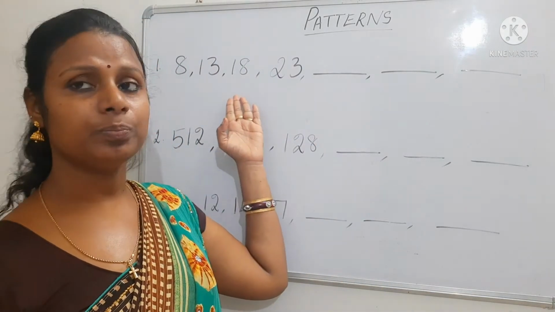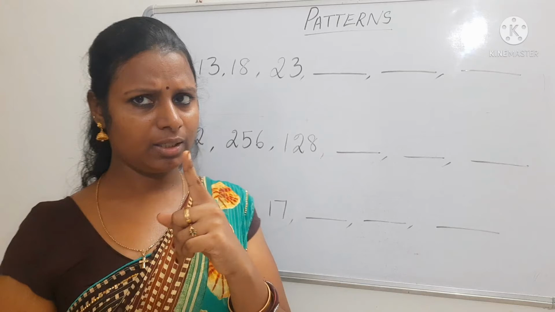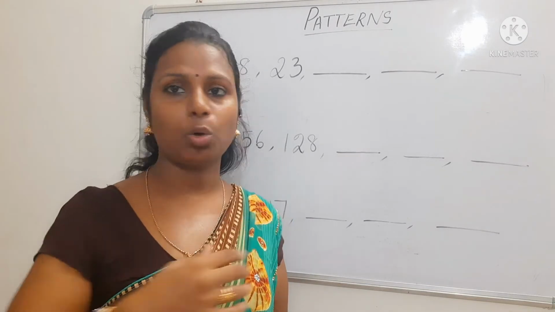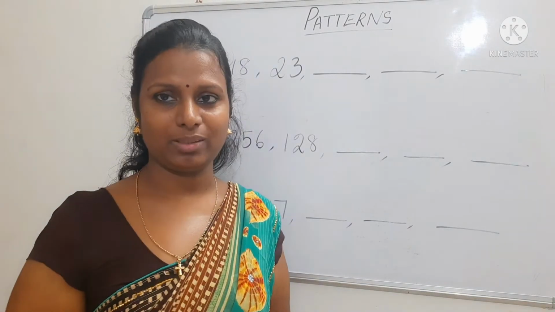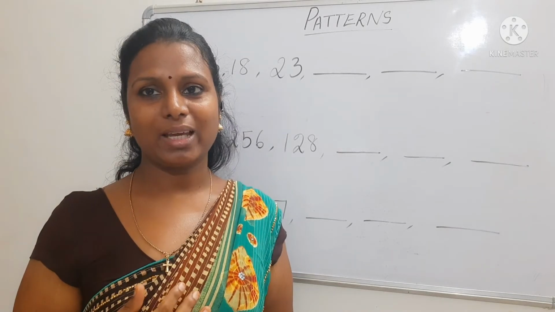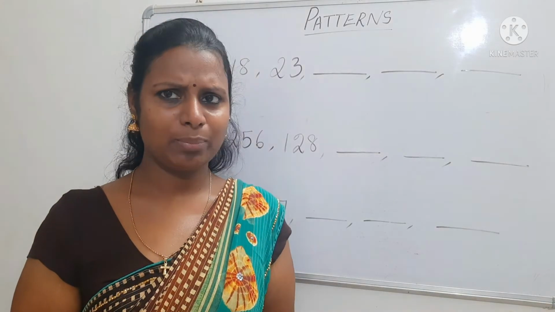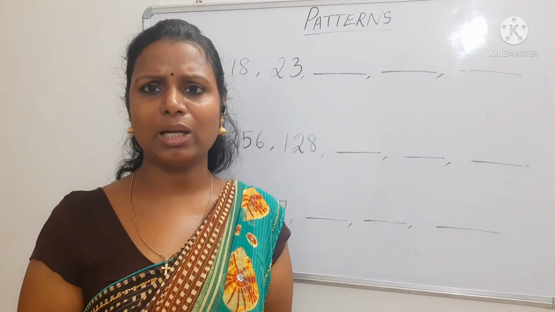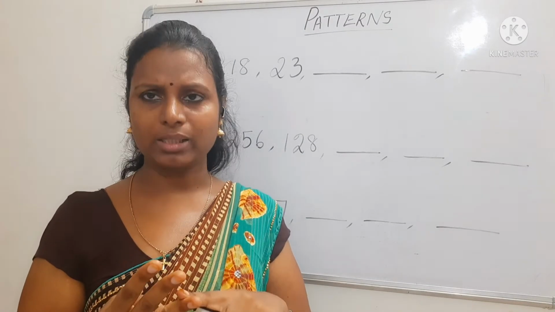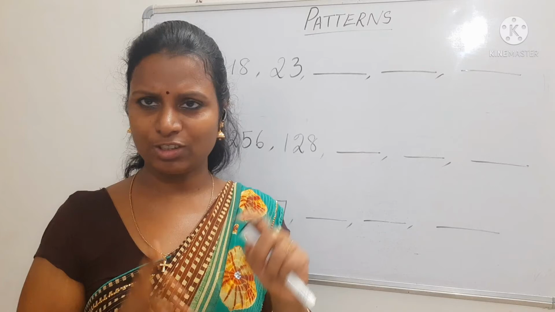Now see here, the first thing we see is whether the numbers are increasing or decreasing. If the numbers are increasing, then that can be addition or multiplication. The basic calculations are four: addition, subtraction, multiplication, division.